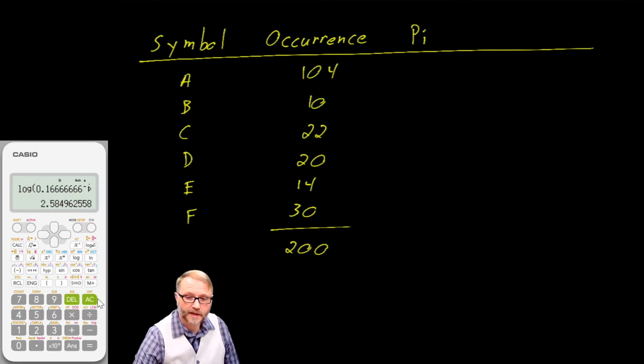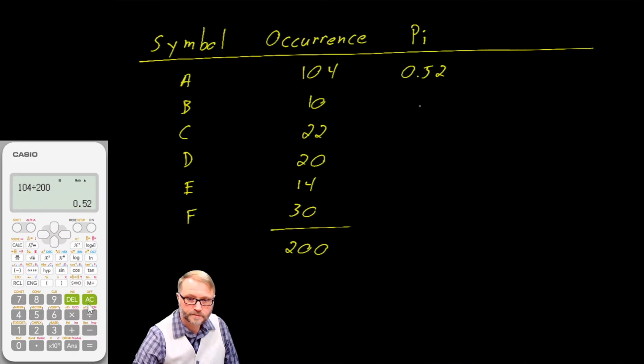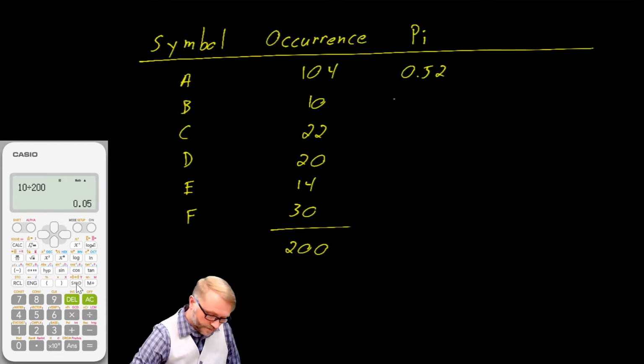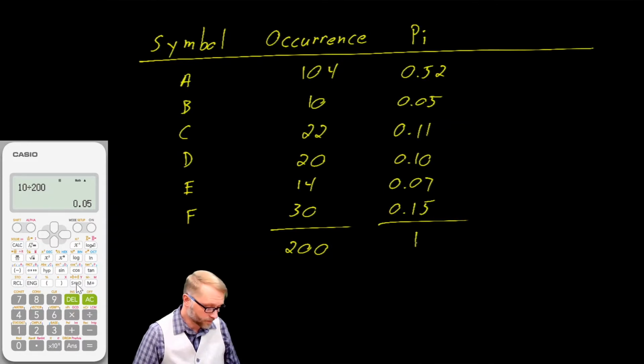If we work that out, that would be 104 divided by 200 gives us a probability of 0.52 for symbol A. 10 divided by 200 for symbol B. And we can just continue on. If we add up all of the probabilities, that should equal 1.